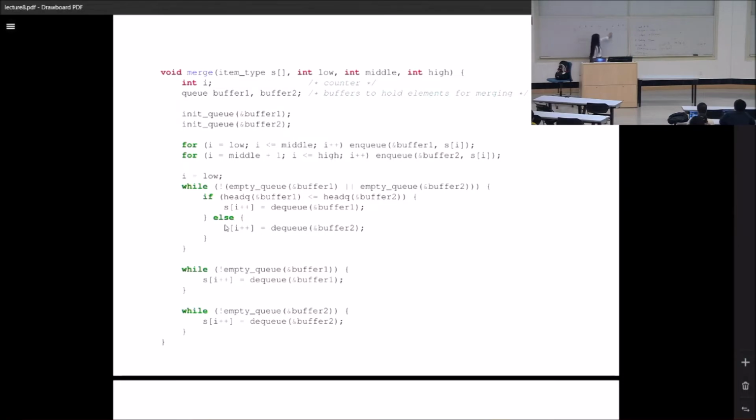But B has all the elements as original. So at that time, we don't need to perform any more comparisons. We can simply add the element to the result array. Okay? Do you have any questions about the code? Okay, great. So I think you have a good understanding about the merging.